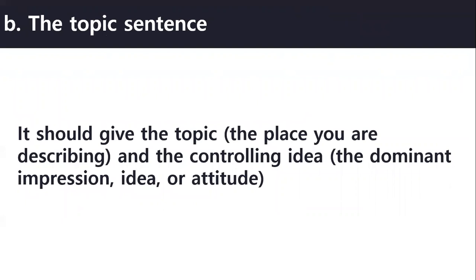Then, for the topic sentence, it should give the topic, the place you are describing, and the controlling idea, the dominant impression, idea, or attitude. So we have the description of an island, and like we said, the impression is that the writer really likes the island.